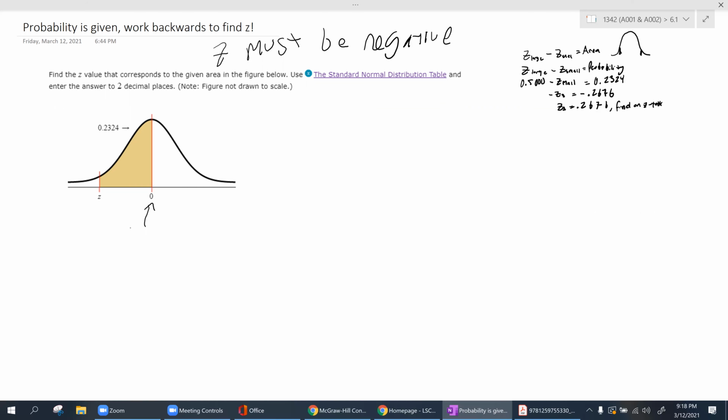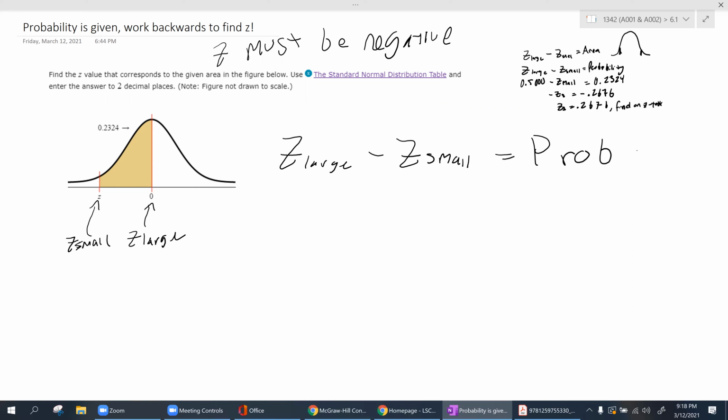I know this is going to be the z large, and this has to be z small. This goes back to that formula, z large minus z small is equal to the probability, or the area. Well, I know what the z value is whenever z equals 0.